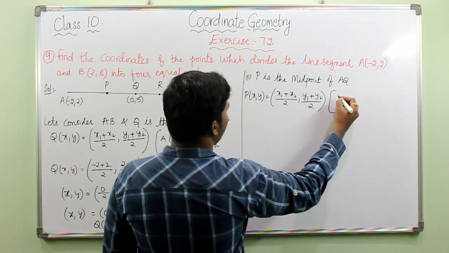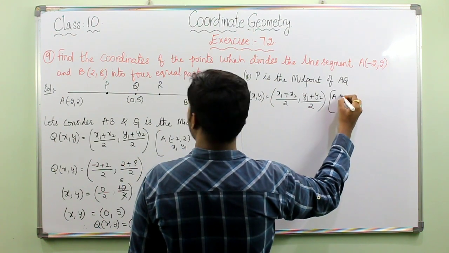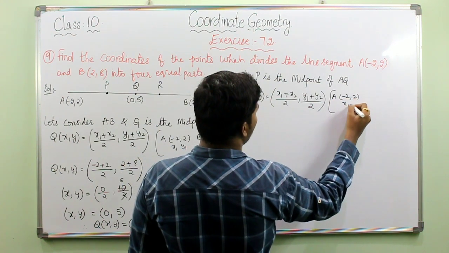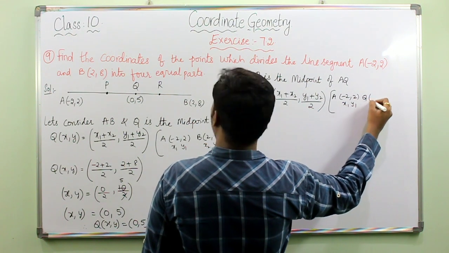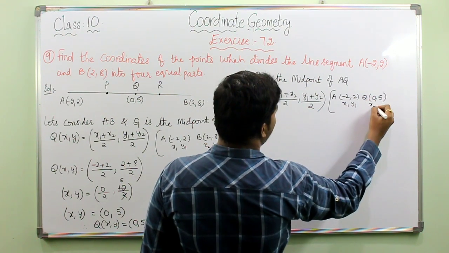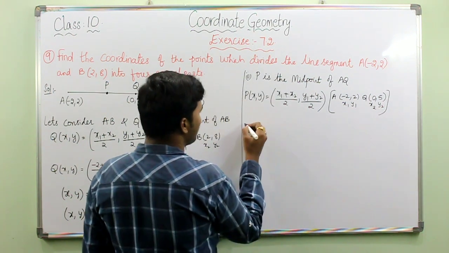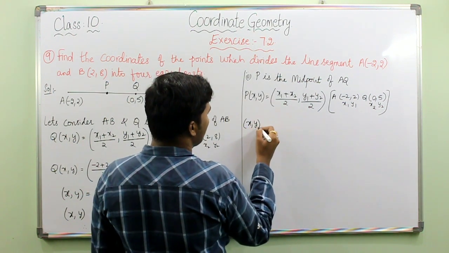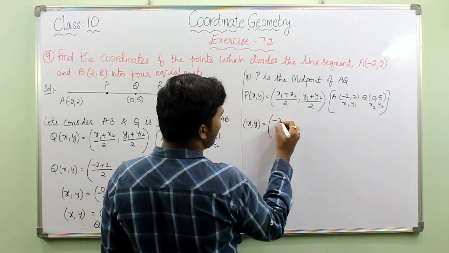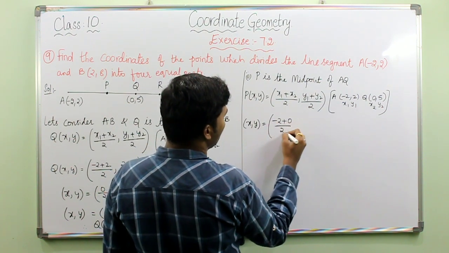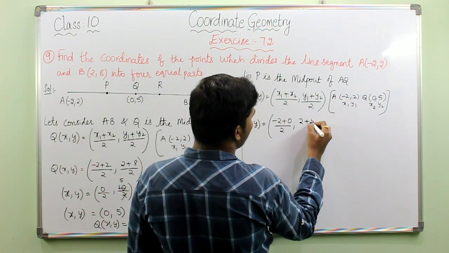So by taking points A as minus 2 comma 2, which we'll call x1 y1, and Q points which are 0 comma 5, take it as x2 and y2. Okay, let us substitute them. That is x comma y is equal to minus 2 plus 0 by 2 comma 2 plus 5 by 2.